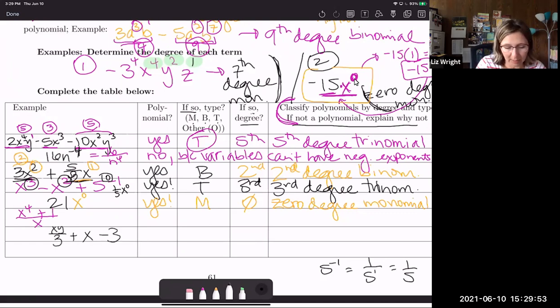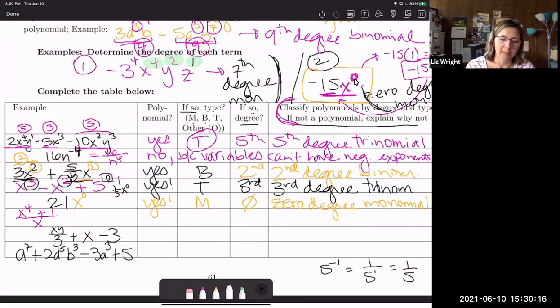And then the last one is going to be a to the 7th plus 2a to the 5th, b cubed minus 3a to the 3rd plus 5. So pause the video, and I want you to see how you do.